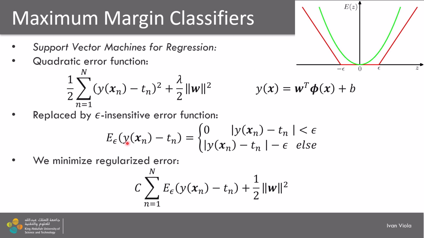Therefore we have this kind of tube around it, with a radius of epsilon, extruded along the curve defined by the y function. All the input points which are inside this tube will not be contributing to the support vector machine, will not be the support vectors, and everything outside or on the tube will be the support vectors.